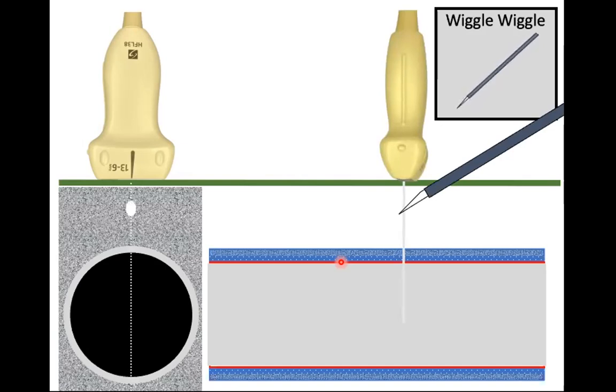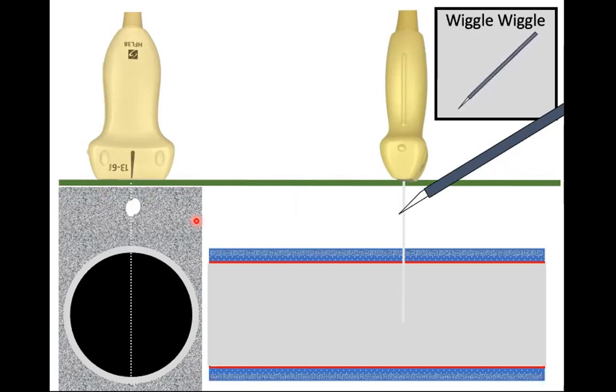We're going to make a small incremental movement with our needle, and we're going to see a white light that shows up on our screen. And we're like, okay, that might be our tip, might not, right? Because there's other information on the screen that might distract us. Or what we're going to introduce is the wiggle wiggle.